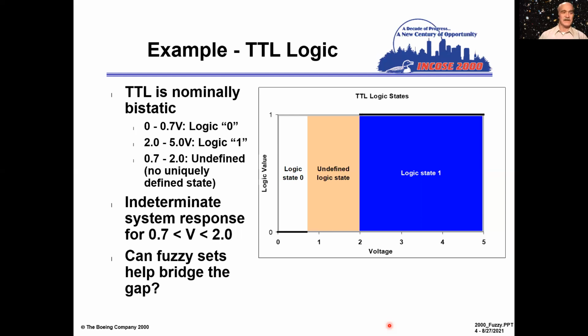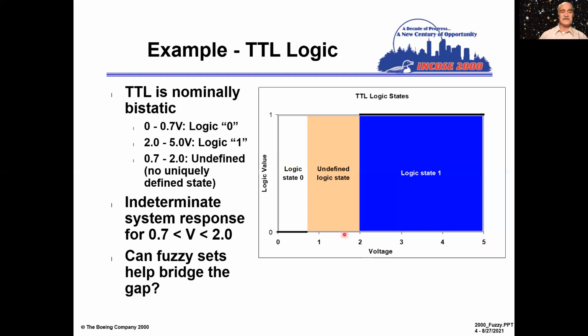It's either this or that, and the definition in the TTL standard is anything below 0.7 of a volt is called a logic state 0, and anything 2 to 5 volts is a logic state 1, and anything between those two is undefined.